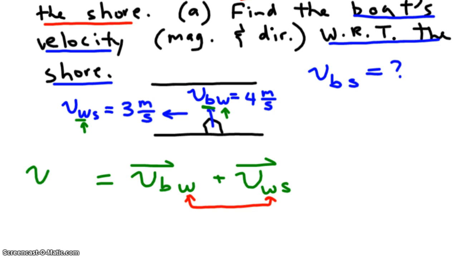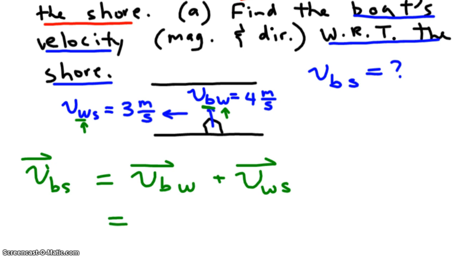This means on the left side, what should the velocity be? Well, BS are the subscripts. The velocity of the boat with respect to the shore. And hey, that's our unknown. So this is working out really, really well so far. The problem has been designed so that our equation is instantly usable to find the unknown.